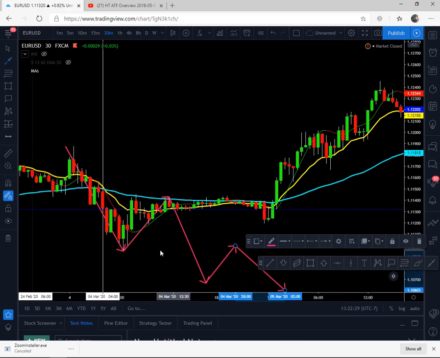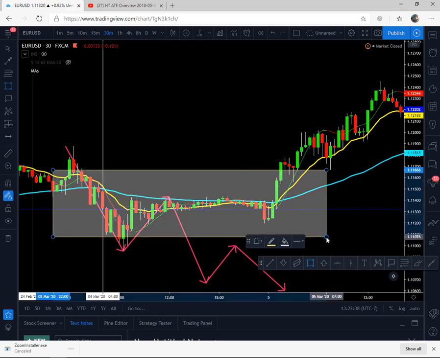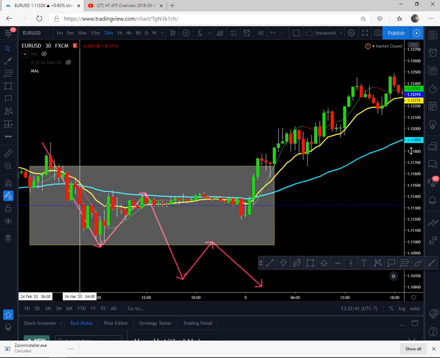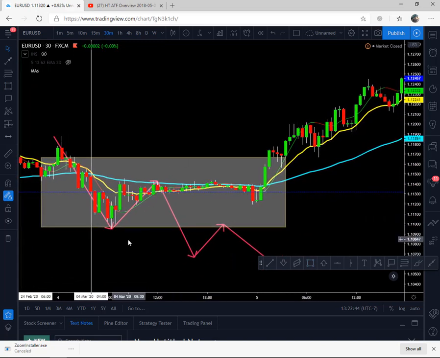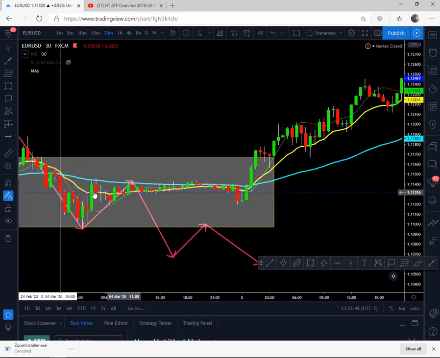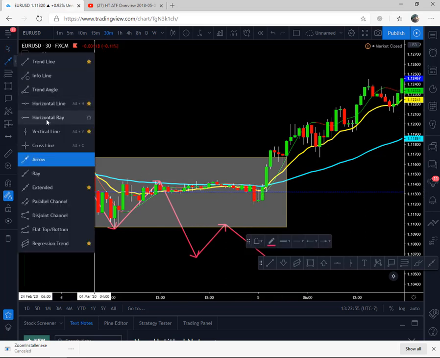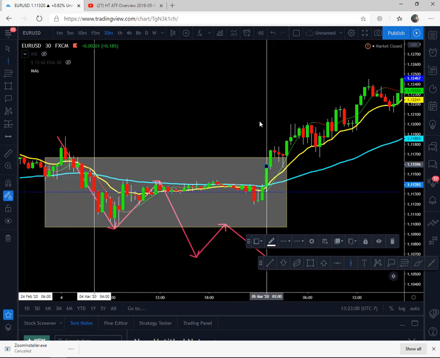So because this didn't happen, price basically consolidated again in this range. And pretty much price was in this zone right here until the new cross happened right here.